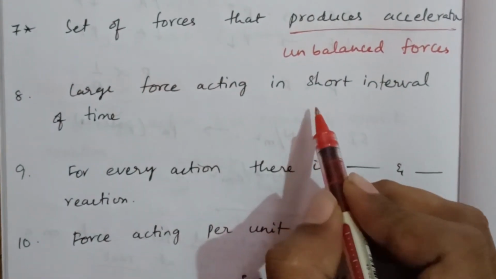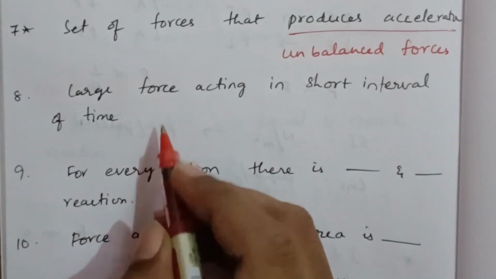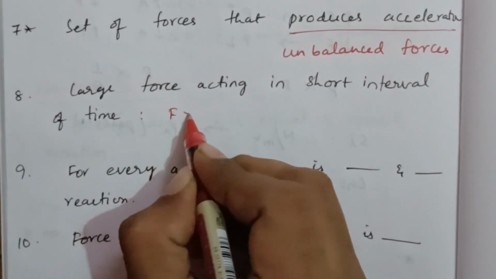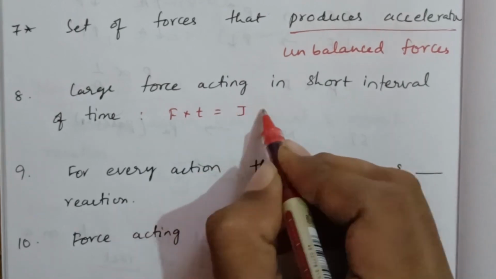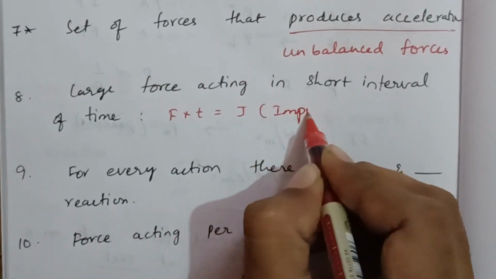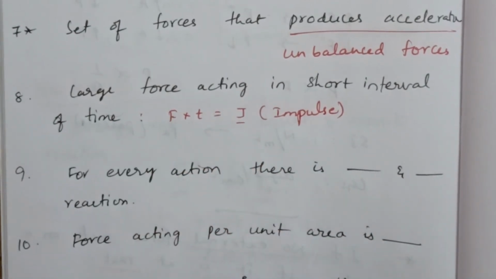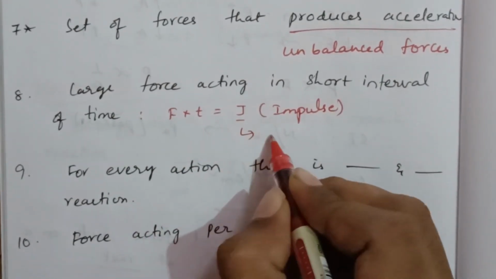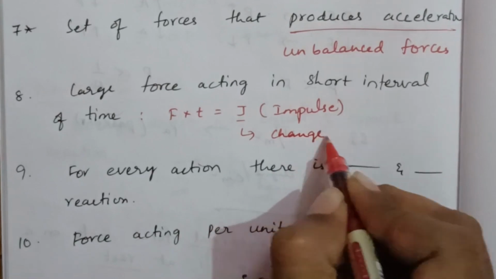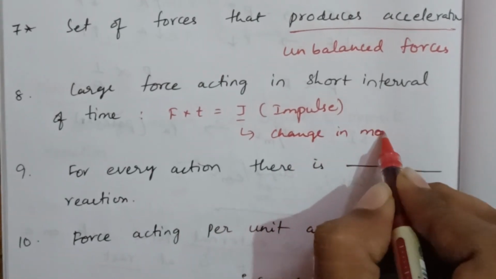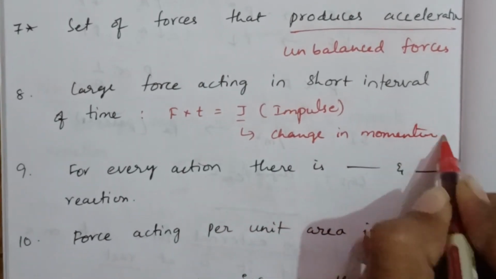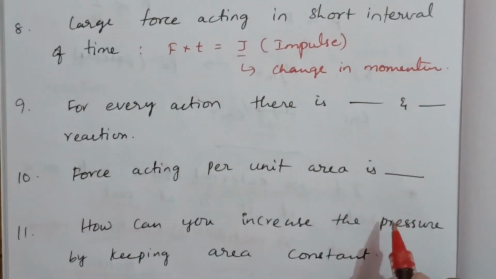A large force acting in a short interval of time is impulse. What is the formula for impulse? J equal to F into t, or we can take it as change in momentum.